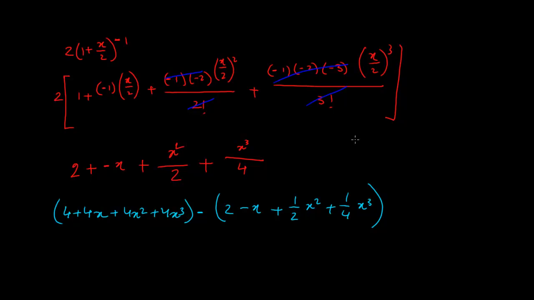You have to remember that it was 4 over 1 minus x minus 4 over 2 plus x. Alright, that's what we had.